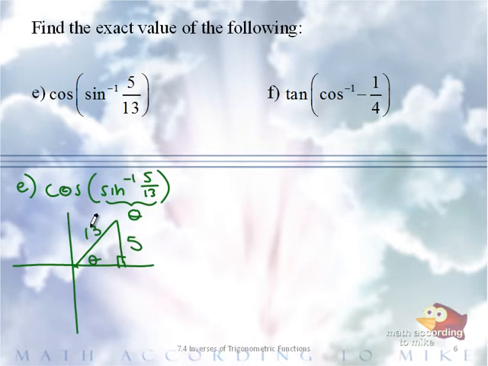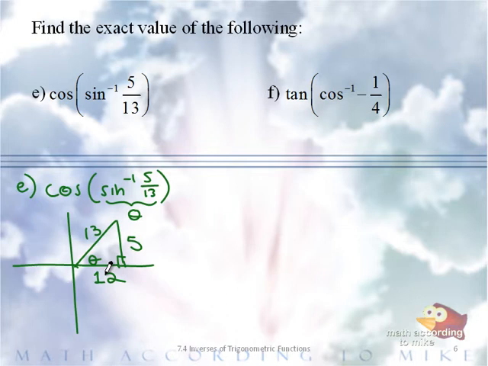So we've seen this triangle plenty of times. What's adjacent to theta? 12. If we were asking about sine inverse of negative 5/13, where would your picture be? Fourth quadrant. Because sine inverse returns in quadrants 1 and 4, and sine would be negative there.